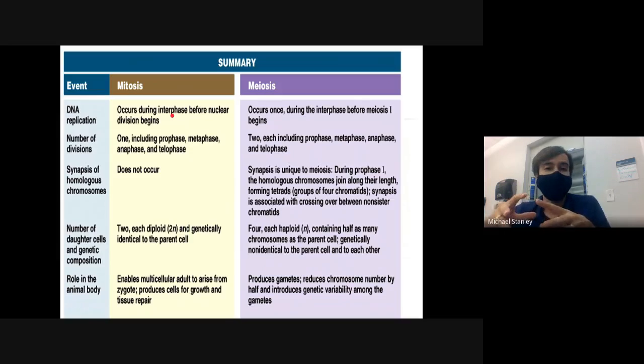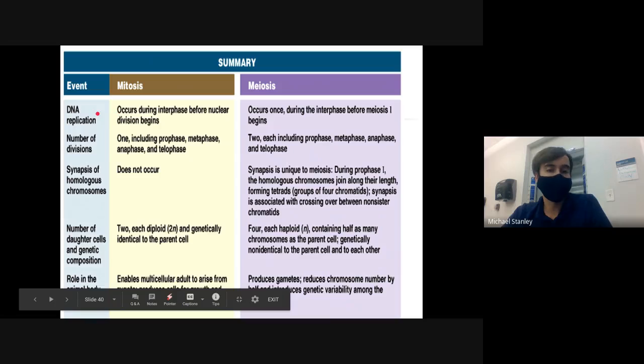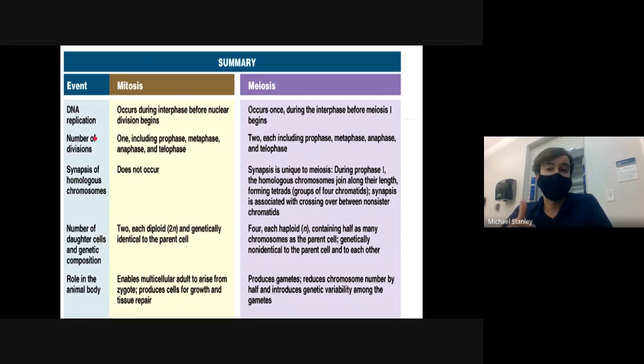So to summarize what we've been talking about, not just with meiosis, but also comparing the two in terms of the major events. Some of these we didn't really talk about, so we'll skip over them. When it comes to how many divisions there are, in mitosis we go through just the one split.